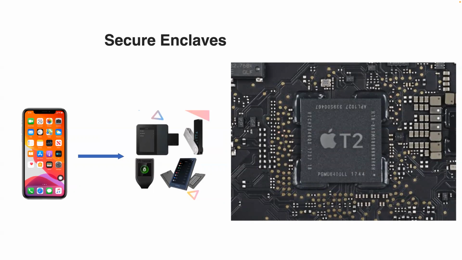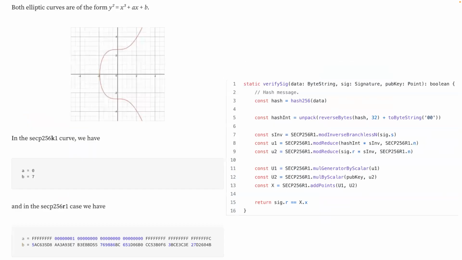But here's a little bit of bad news for you. At least as it stands today, Android and iOS do not support the Bitcoin curve. They only support the alternative, SECP256R1. So instead of K, this is R. You can almost think of K as deterministic, basically a simple number, and R is supposed to be random.